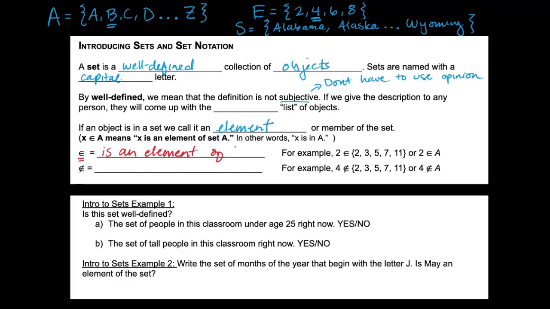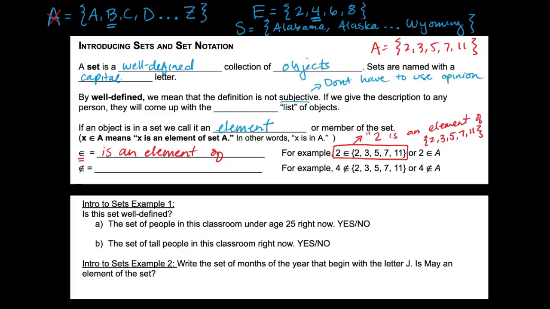For example, if you wrote this out, it says in words, 2 is an element of the set 2, 3, 5, 7, and 11. We could also just name the set and call it set A. So let's say we made set A be the set 2, 3, 5, 7, and 11. Pretend the set up here isn't called A for a minute.